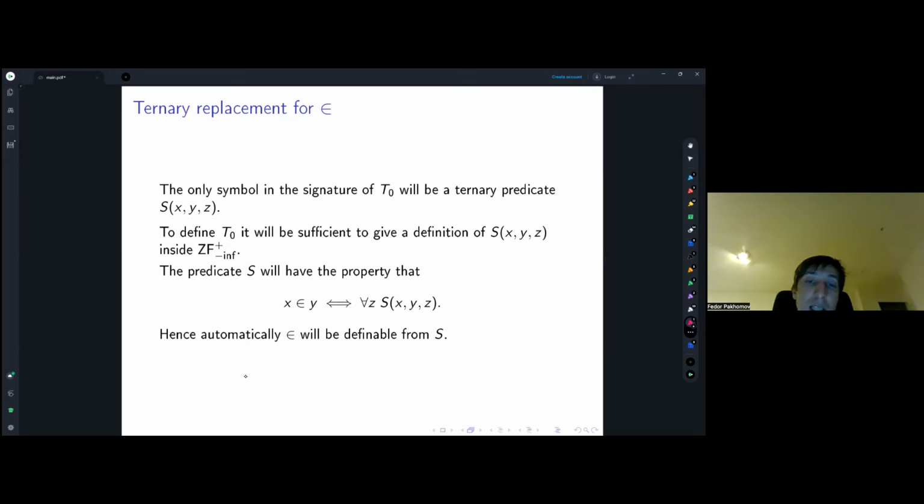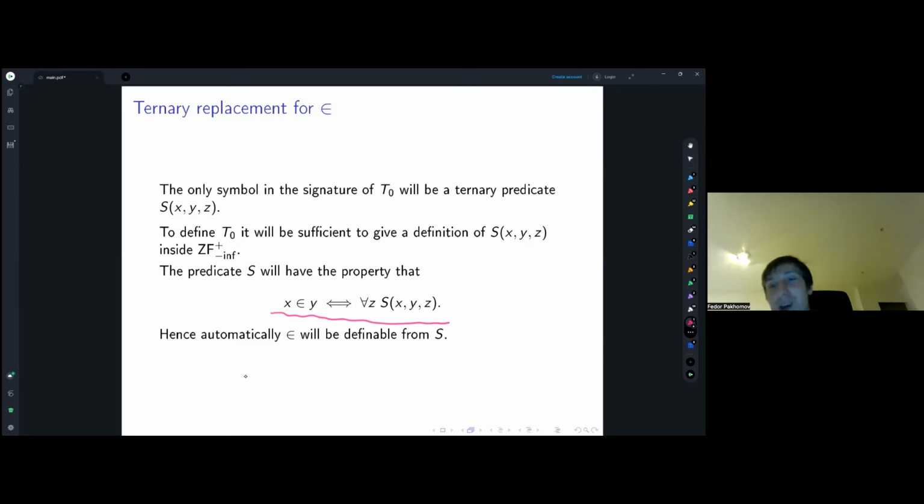This ternary relation will have the property that I already wrote, so that you could recover membership from it, by doing a universal quantification over a certain variable. As soon as we have done this, we obtain a theory definitionally equivalent to ZF minus inf.